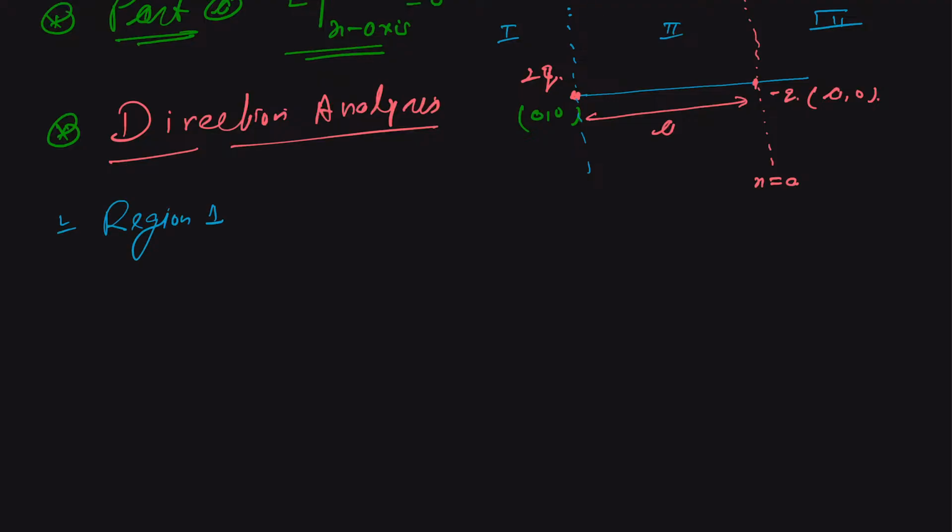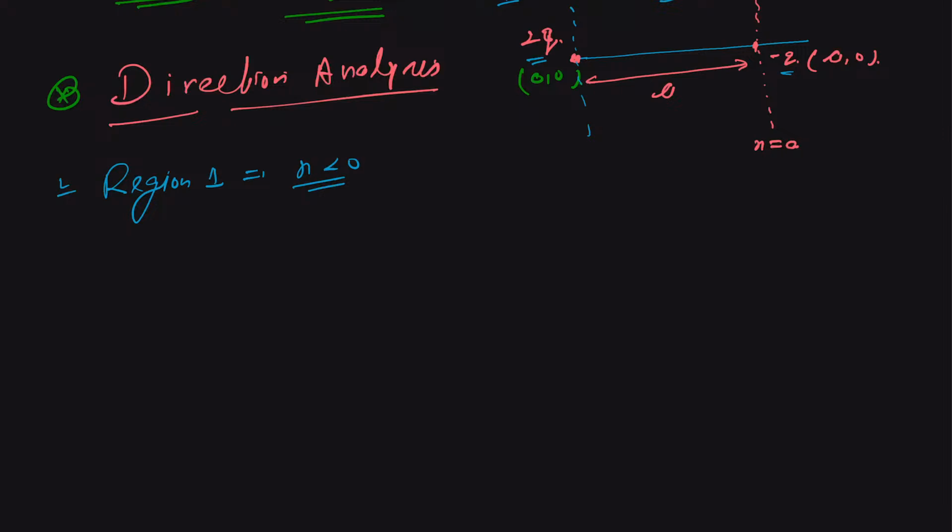Region 1 is when x is less than 0. Let's find out the direction of the electric field because of the charge 2q and because of the charge minus q in this region. Only the direction, from that we can draw a conclusion whether the electric field can be 0 or not.